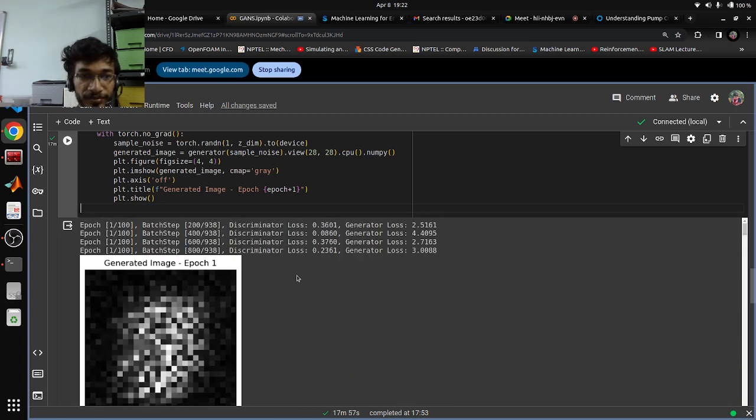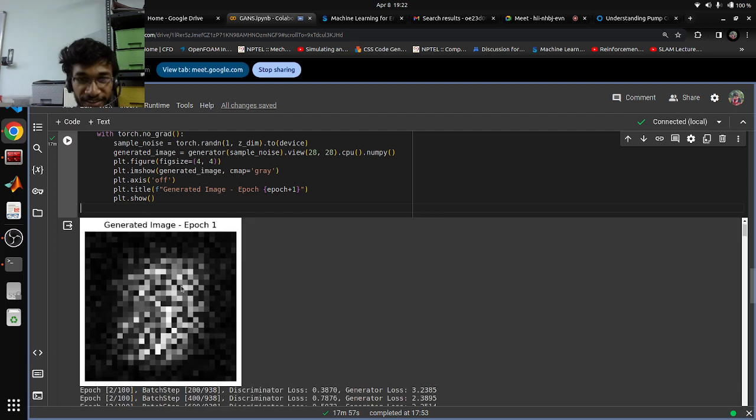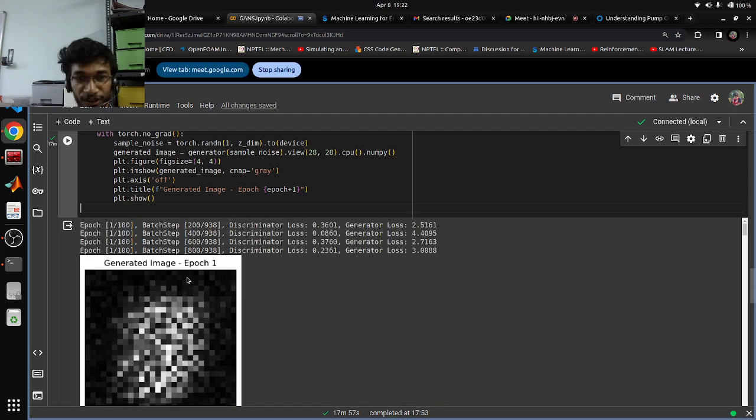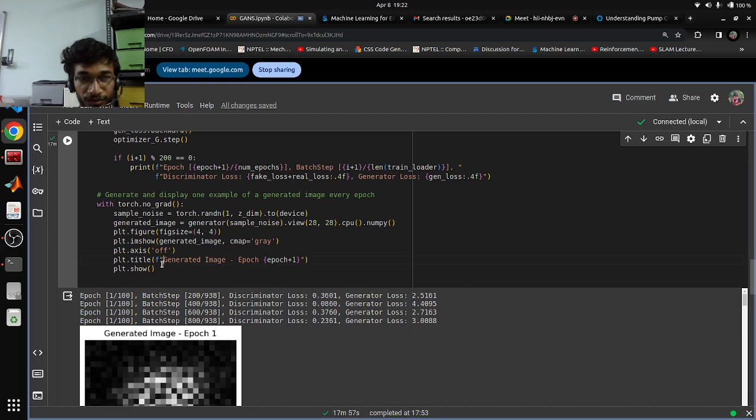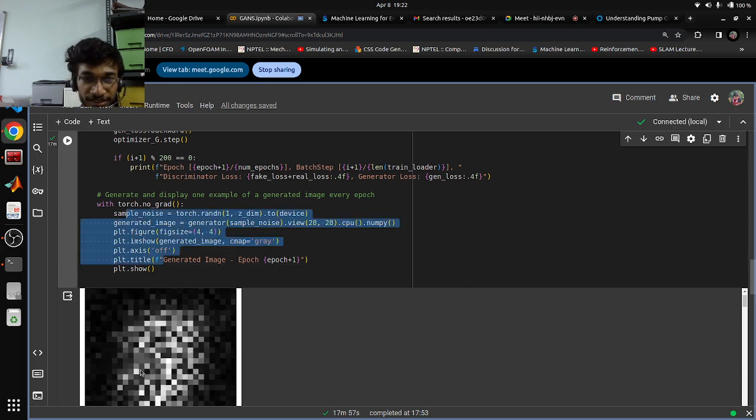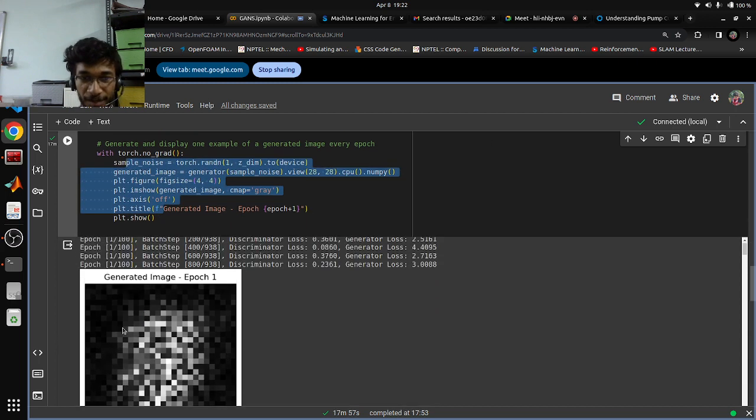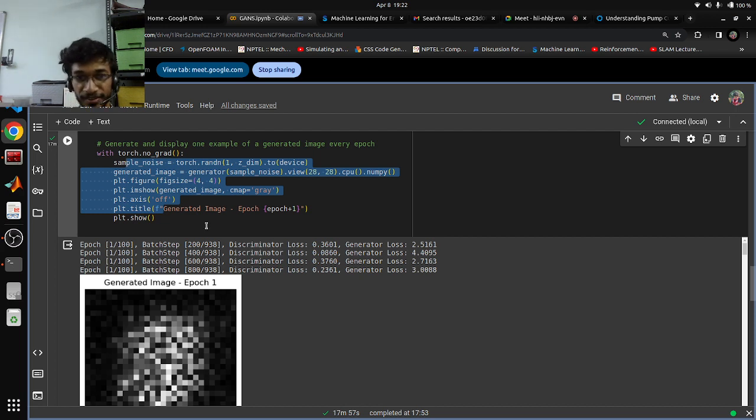So you will notice that in the very start of the training process, the generator was fed in some noise, and the output that you are seeing here is what the generator is capable of doing at a particular iteration.